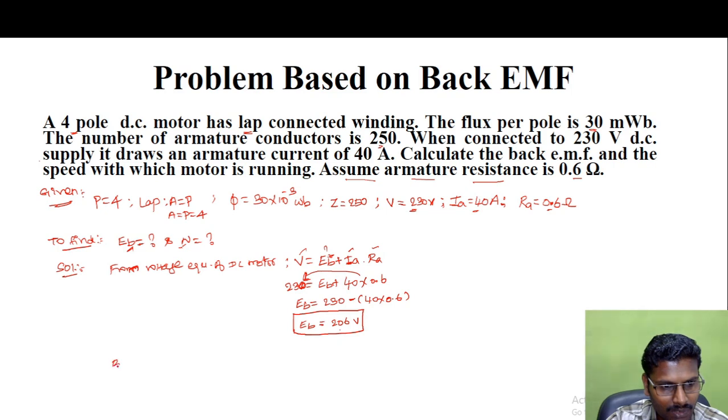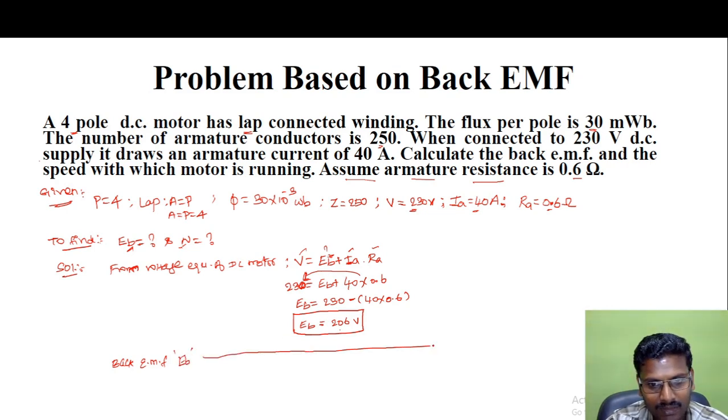The back EMF is given by Eb, which can be written as Eb is equal to phi P N Z divided by 60A, right?